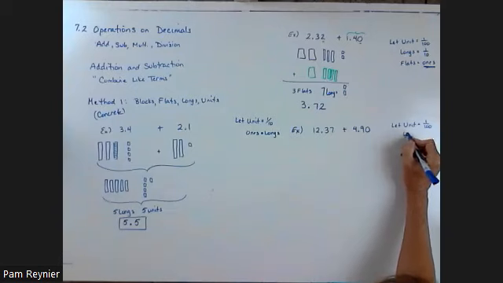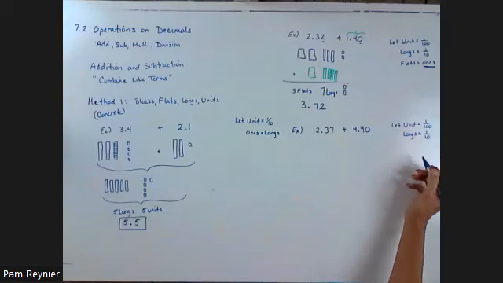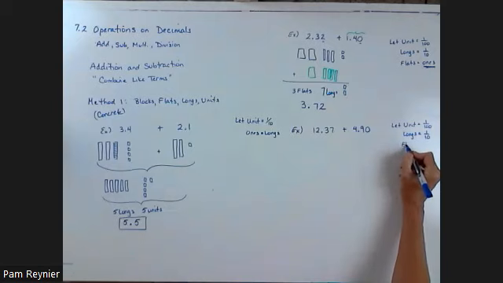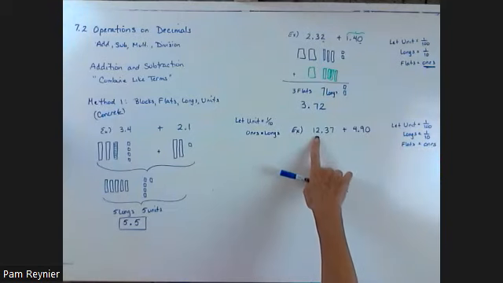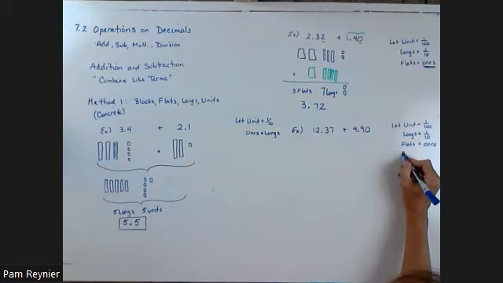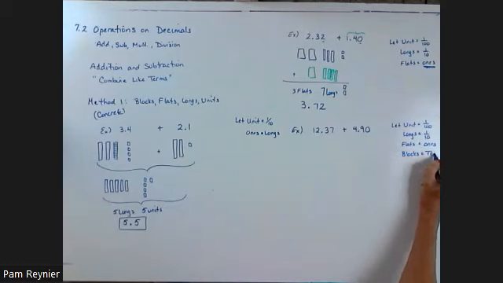Then our longs or rods will be in the tenths column. Our flats will be in the ones column. And since we have the number 12, that's 2 ones and 1 ten. So we need to go one more. So blocks will represent the tens column.